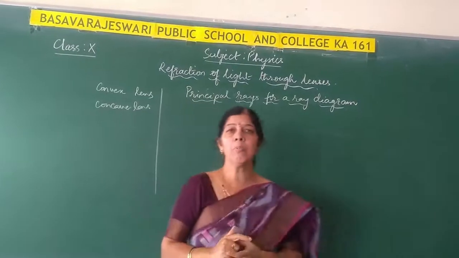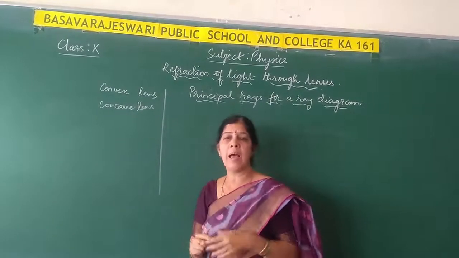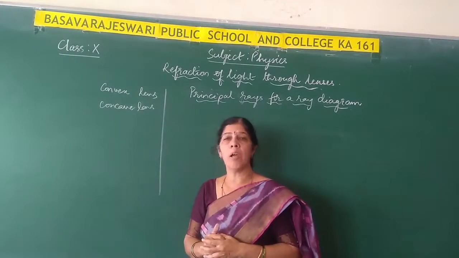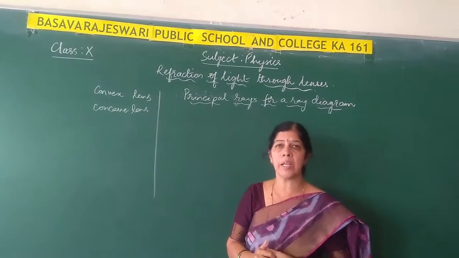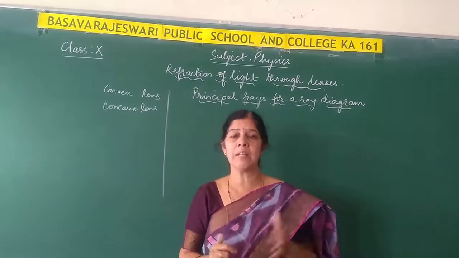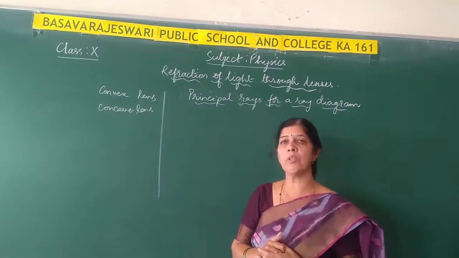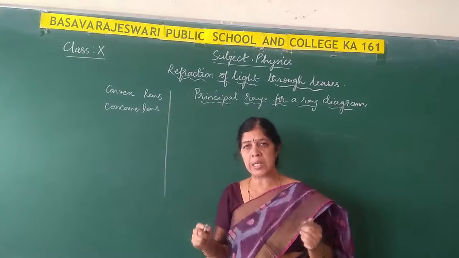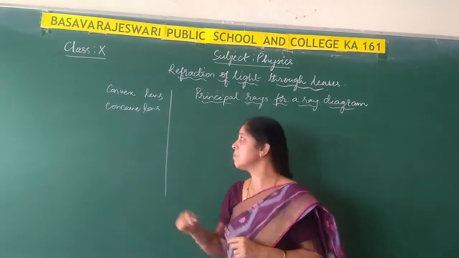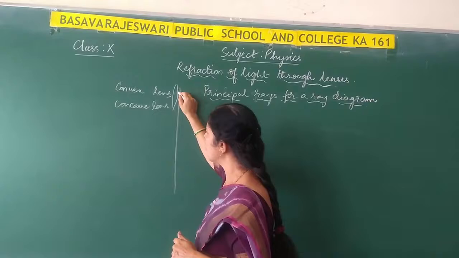So children, now you must be able to differentiate between a convex lens and a concave lens. As I have told in the previous session, a convex lens will be bulged at the center and it is tapering at the edges, whereas a concave lens is thin at the center and bulged at the edges. As I have told you, if you pour a drop of water on a convex lens, it will move towards the circumference of the lens because the central part of the lens is bulged for a convex lens.